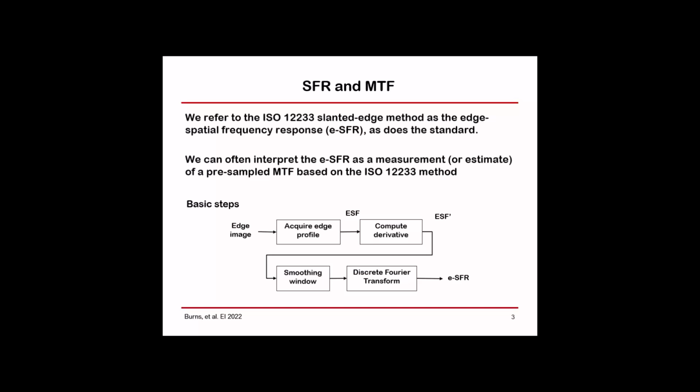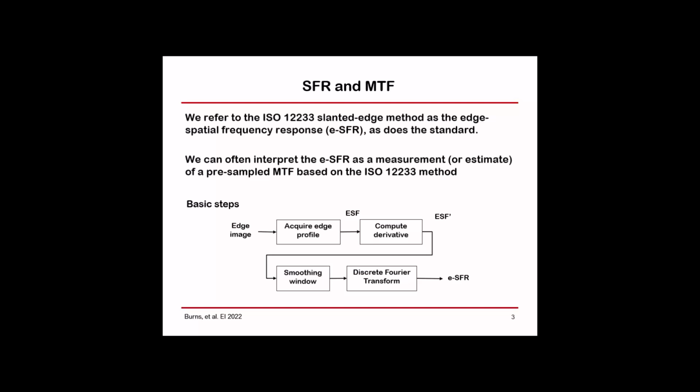The basic steps are easy to explain, and they're well established. In fact, these basic steps were established for edge gradient analysis before we had the standard. We have an edge image, and we acquire a profile that becomes an effective edge spread function. We take its derivative to get a measurement of the line spread function.